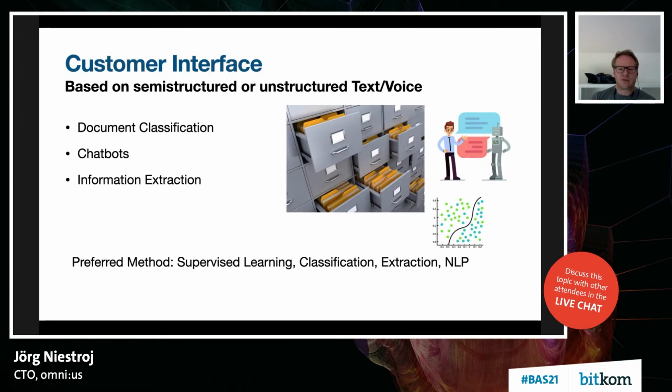Here you use supervised learning methods like classification, extraction, or natural language processing, and for that you have to structure the data a little bit. You also start maybe with an OCR upfront and then structure the data, because with that absolutely unstructured data in invoices, it's often very hard to extract the information you need.